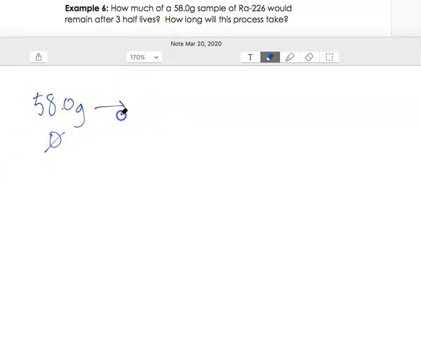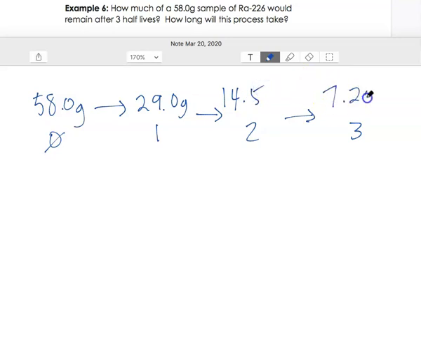And the question is saying how much will remain after 3 half-lives. So after one half-life, you'll have half of that, which is 29. After two half-lives, you'll have 14.5, and then you'll have 7.25. Okay, so that's how much of the sample will remain after 3 half-lives.